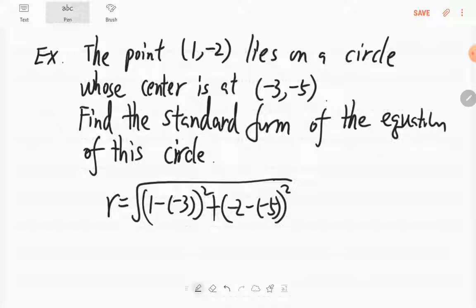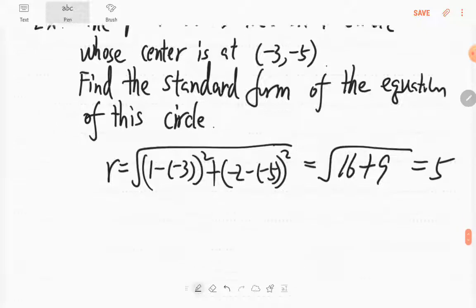I always like to use the parentheses. That will eliminate some silly mistakes. Many students will say, okay, 1 minus 3. It will confuse yourself. It's actually 1 minus negative 3, which is 4, and negative 2 plus 5, which is 3, right? So it would be 16 plus 9, so this is 25, square root of 25 equals 5.